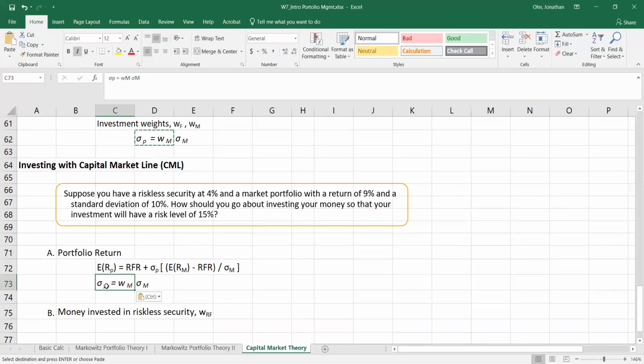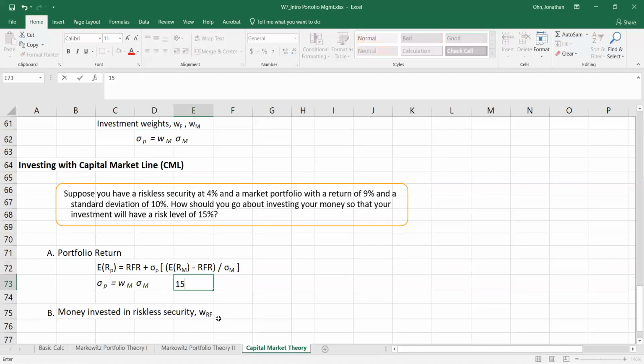15% is equal to WM times sigma M, and the market risk is 10. Your risk tolerance is 15%. 15% is equal to WM times 10.